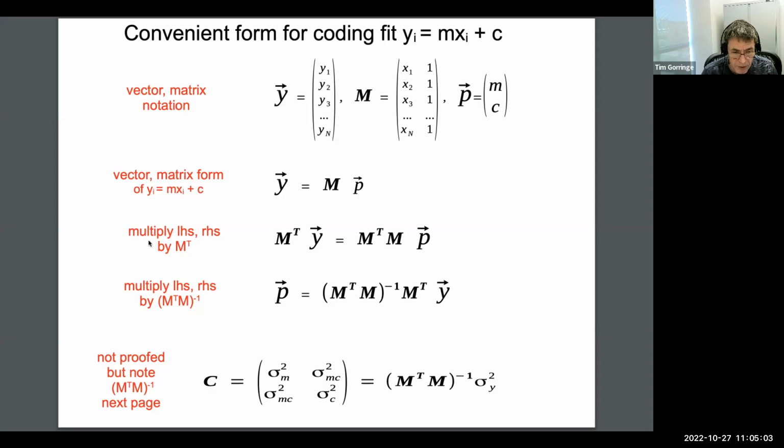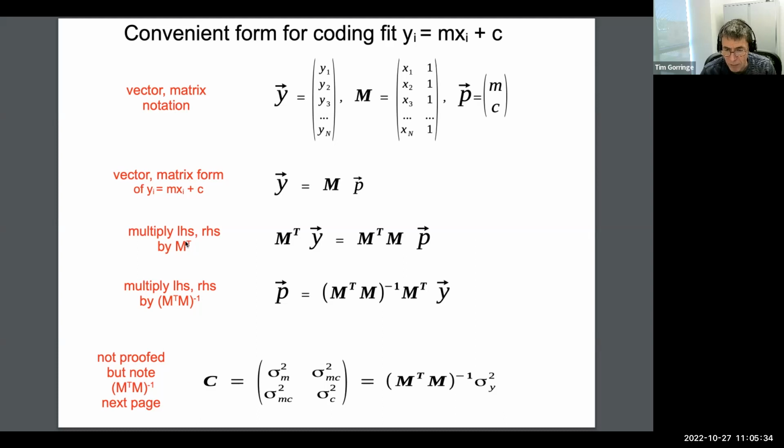The first step is that I'm going to multiply both the left-hand side and the right-hand side of this vector matrix equation by the transpose of M. If you remember, the transpose of a matrix involves reversing the rows and columns.